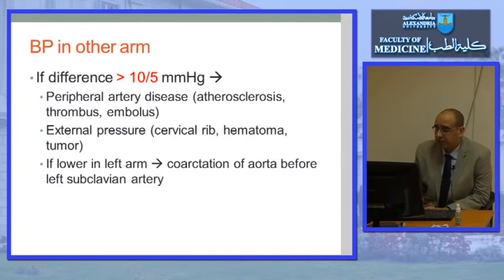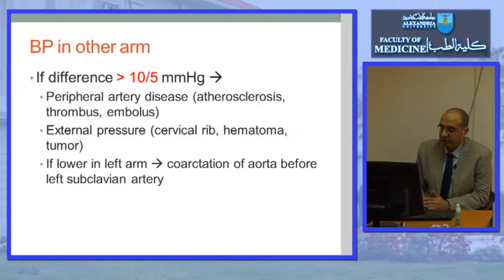Is there a difference between blood pressure measurement in both arms? Yes, it's acceptable to have a difference of less than 10 over 5, systolic over diastolic. This is accepted. But when the difference is more than 10 millimeters of mercury systolic or more than 5 millimeters of mercury diastolic, this is problematic, and I should search for peripheral arterial disease on one side, like atherosclerosis or thrombus or embolus, or external pressure on one side by a cervical rib or hematoma or tumor, or if there is coarctation before the left subclavian artery.